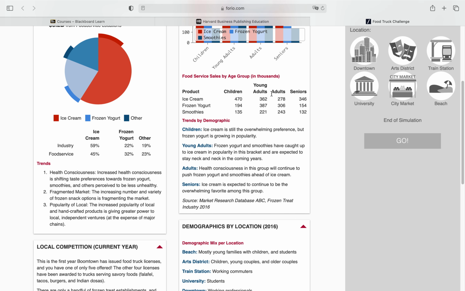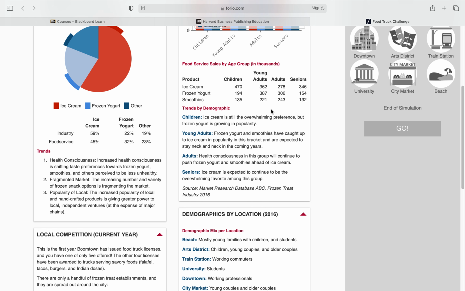Moving on to young adults, it's relatively close between ice cream and frozen yogurt. When it comes to adults, it's also similar, pretty close numbers, so you don't really see a big advantage in either category. And when you come to seniors, ice cream is again dominant over frozen yogurt and smoothie.